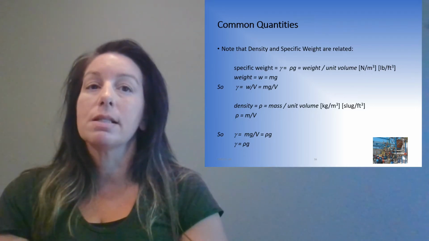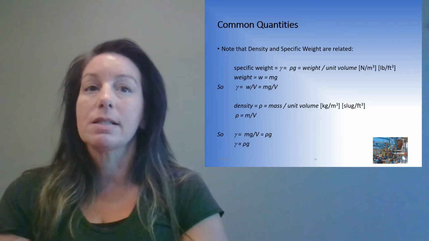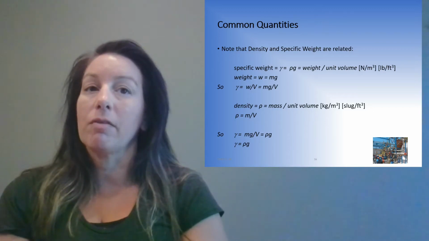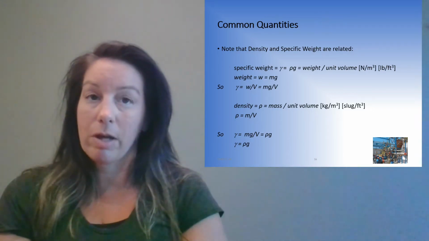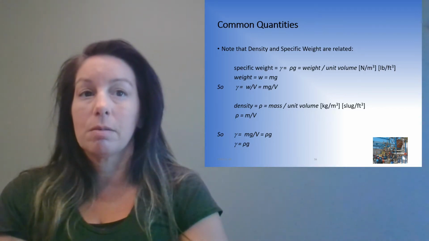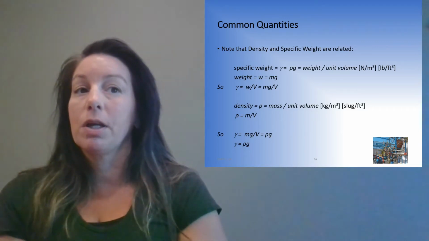And the weight is equal to the mass times the gravity. So gamma, the specific weight, is equal to the weight divided by the volume, which is mg, mass times gravity, divided by the volume. And density, rho, is the mass per unit volume, which is a kilogram per cubic meter.